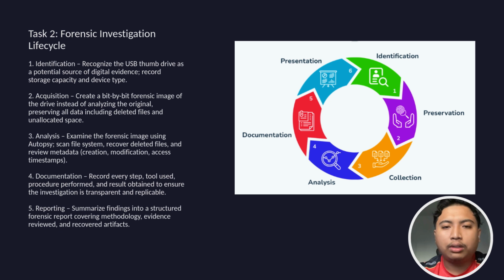Instead of working on the original device, we create a bit-by-bit forensic image. This ensures all data is preserved, including deleted files and hidden space. Then comes analysis, where tools like Autopsy are used to examine the image. We can recover deleted files and review metadata such as timestamps and file activity.